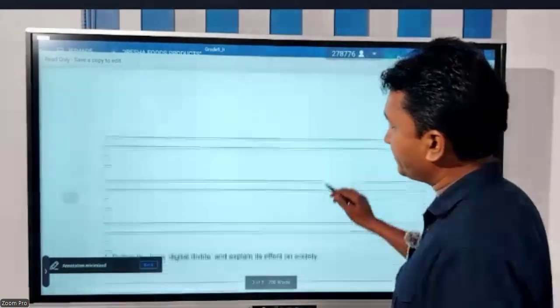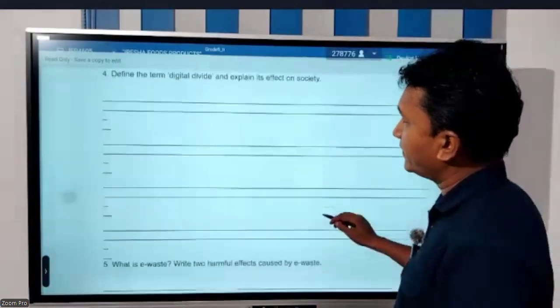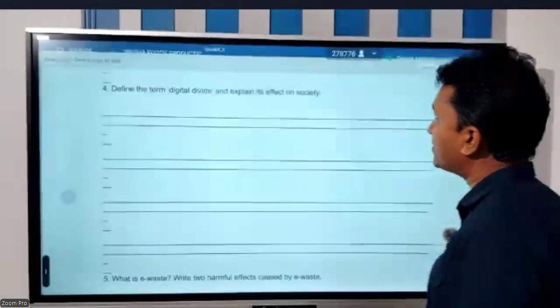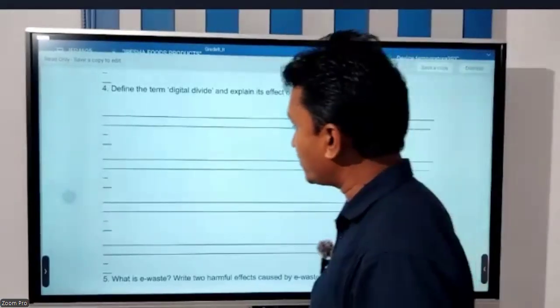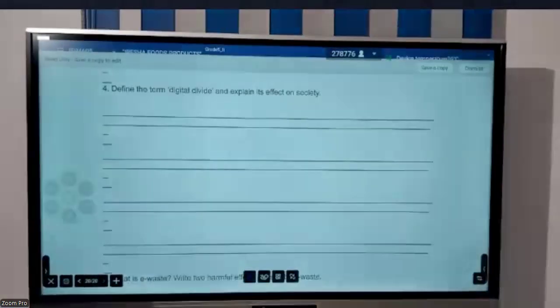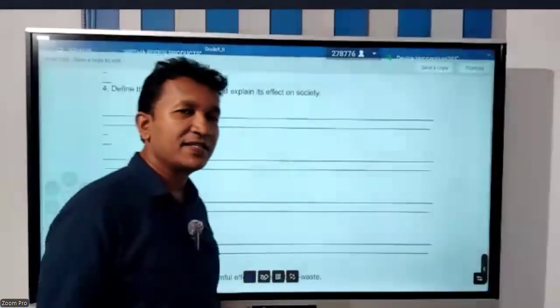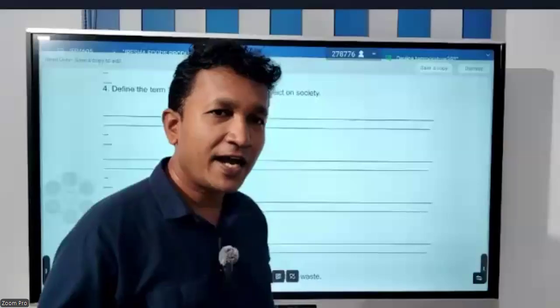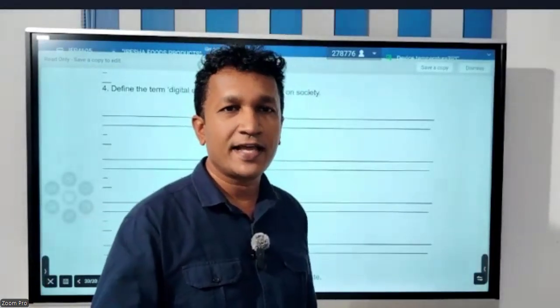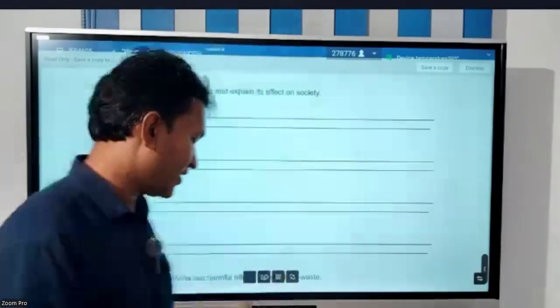Next one. Define the term digital divide and explain its effect on society. What is digital divide? Digital divide is those who are using ICT and those who are not using ICT, we call it as digital divide, right?